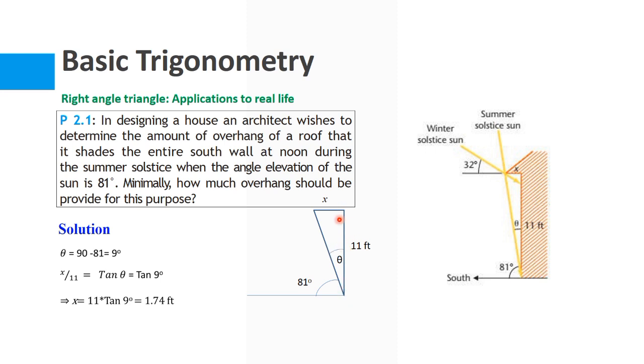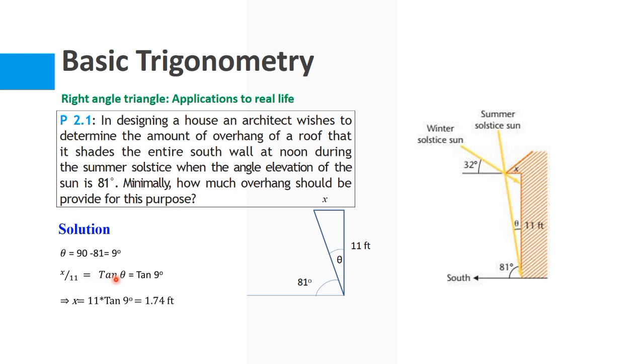So in this case, the base is 11 feet, the perpendicular is x, which we have to find, and the hypotenuse is this line, which shows the sun rays. By using tangent theta, which is perpendicular divided by base, x is the perpendicular so it will be in the numerator, and the 11 feet, which is the base, will be in the denominator.